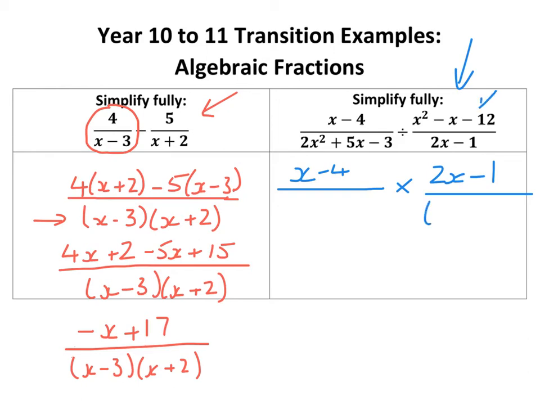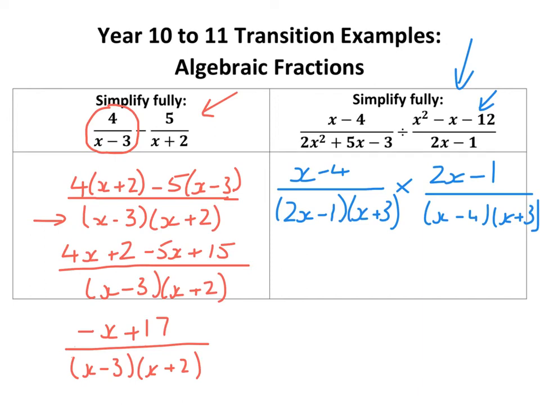This here is pretty easy to factorize: x minus 4, x plus 3. My x's are terrible on this. And the bottom of this should go 2x minus 1, and x plus 3.